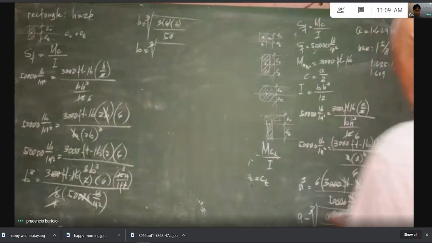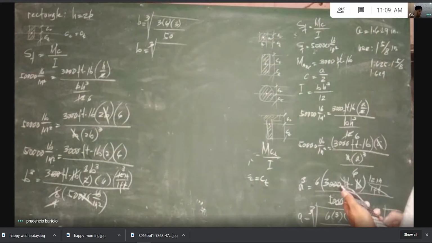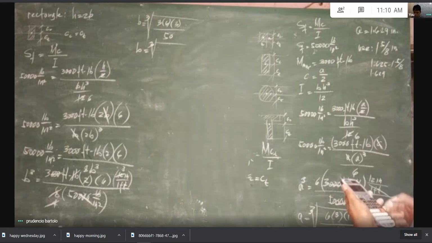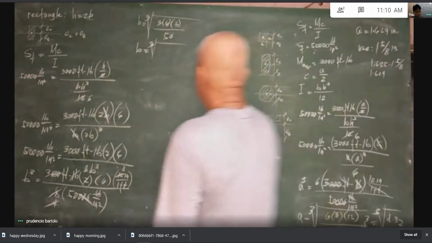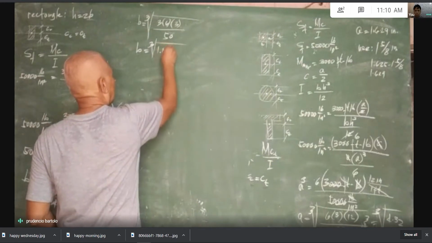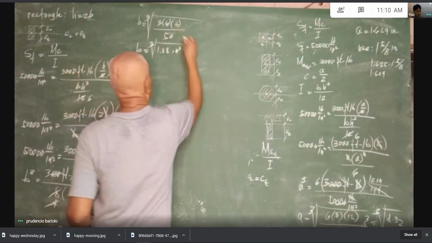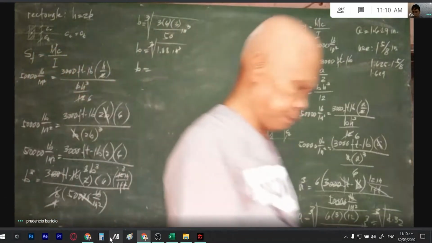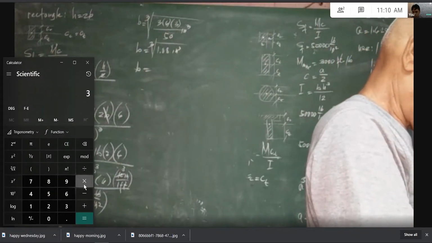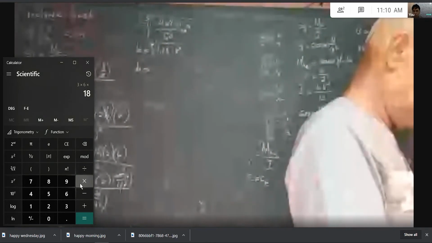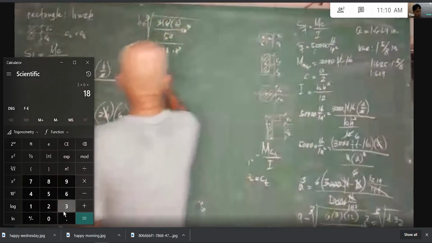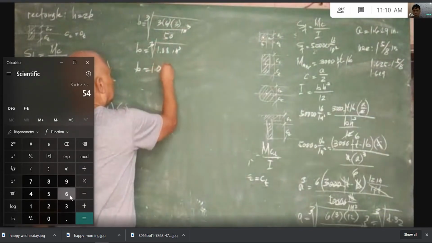So B is equal to the cube root of 1.08 inch cube. B now is equal to 1.026.